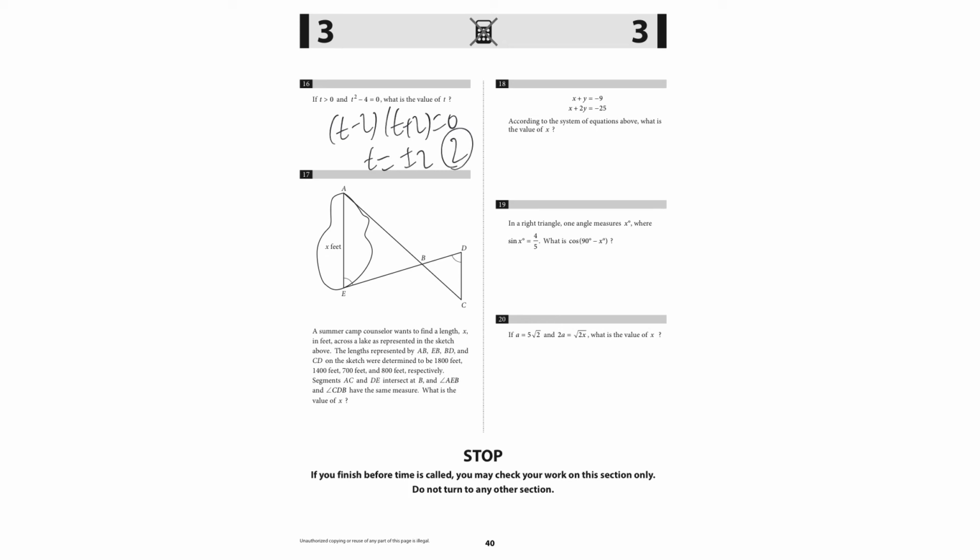A summer camp counselor wants to find the length x in feet across a lake as represented in the sketch above. The lengths represented by AB, EB, BD, and CD on the sketch were determined.